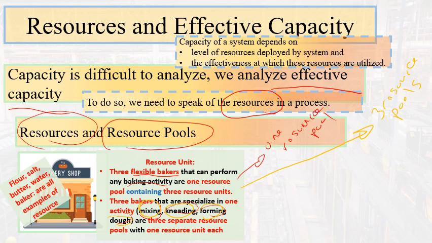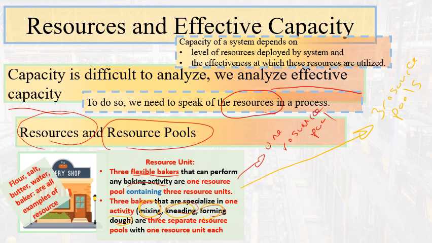Okay, so you could think of this also in supermarkets. If you have the person handling the cash, if that person does cash handling and packing the groceries, then that would be one resource pool. Now, if you have two separate individuals, one handling the cash and one packing the groceries, then we would have two resource pools.